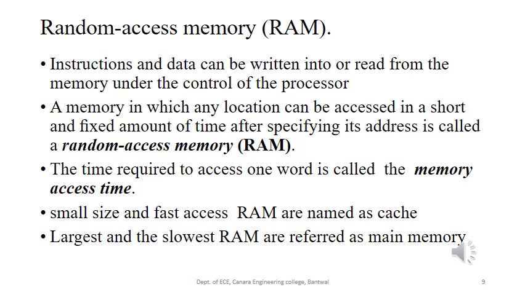Based on this access time or the size, we have two categories of random access memory in a computer system. A RAM with small size and very fast access is the cache memory. The cache memory is usually embedded within the integrated chip to achieve high performance.